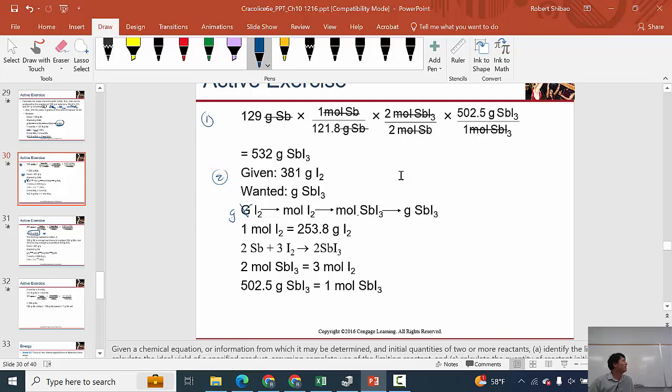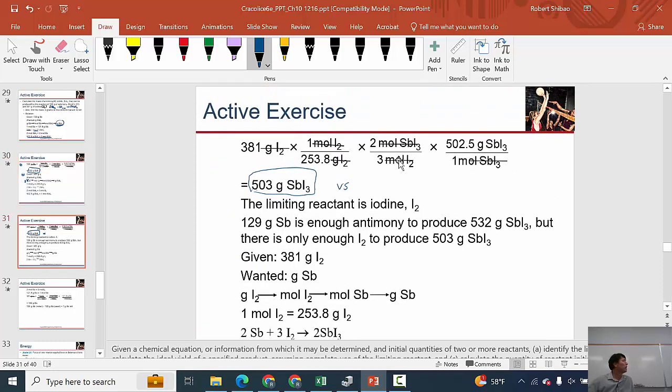Antimony yielded 532 grams of product. So we have 503 versus 532 grams of SbI3. And so we pick the smaller amount. The smaller amount is going to be 503.